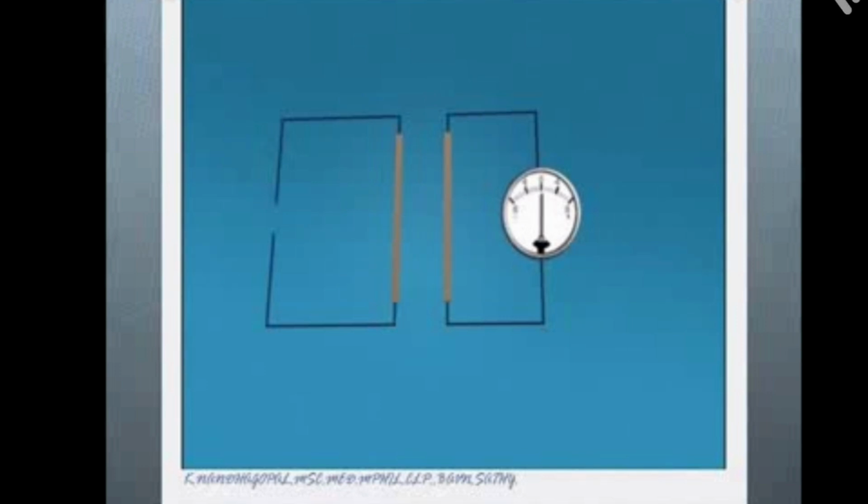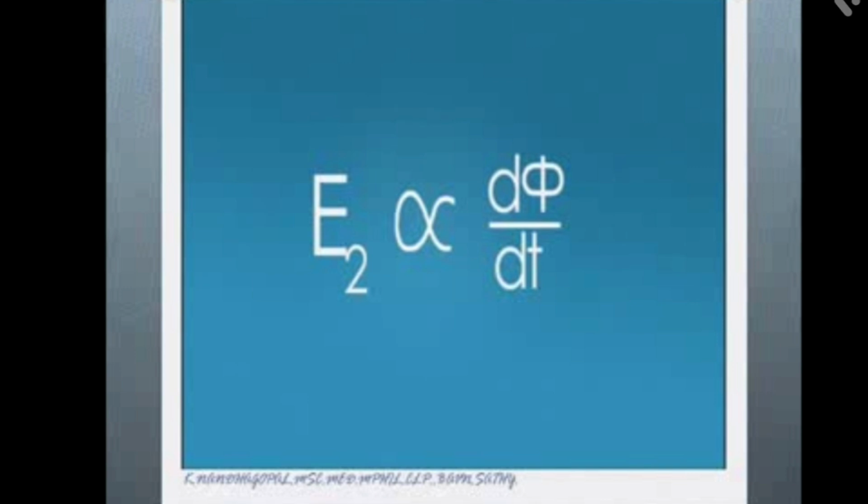According to that, power P equals V into I. Power is calculated by multiplying the voltage and current. So input power is equal to output power, but the voltage changes.